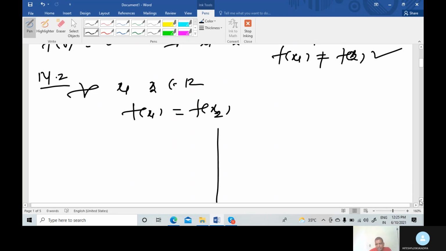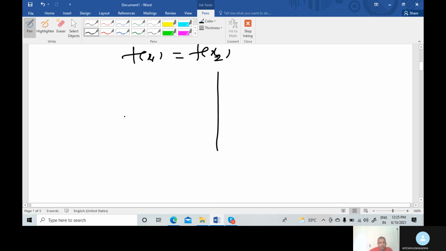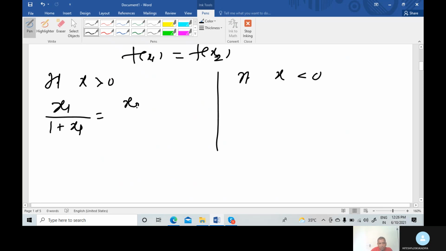Here two possibilities. Why? Because modulus is given. First, if x greater than 0, and second, x less than 0. If x greater than 0, then f(x1) is x1 upon 1 plus x1 equal to x2 upon 1 plus x2.